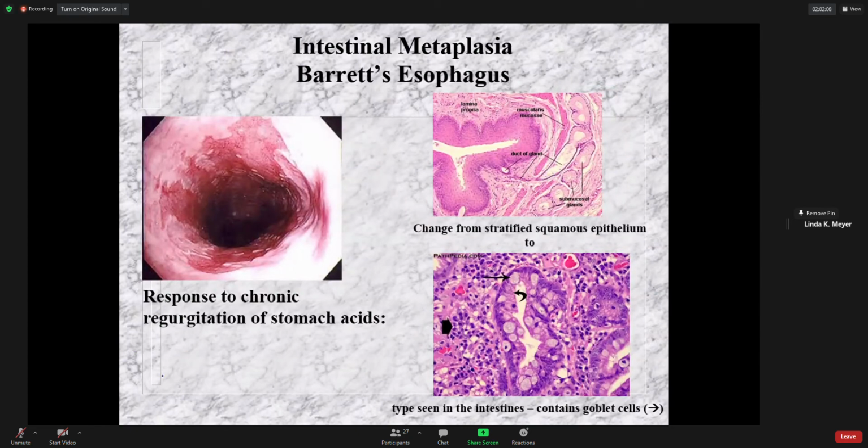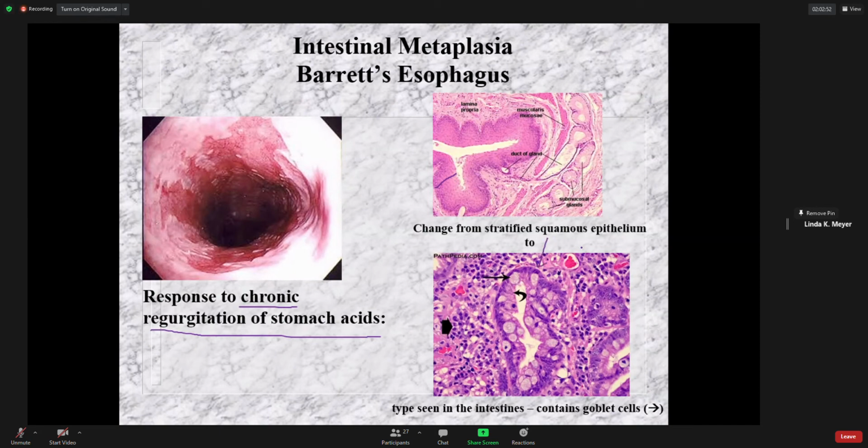The second example I'm going to give you is what happens as a consequence of acid reflux or GERD, when there's this chronic regurgitation of stomach acids in the esophagus. What happens is the esophagus, like the oral cavity, is normally lined with stratified squamous epithelium, and it changes to a glandular epithelium, like the type that's seen in the stomach or the intestines.